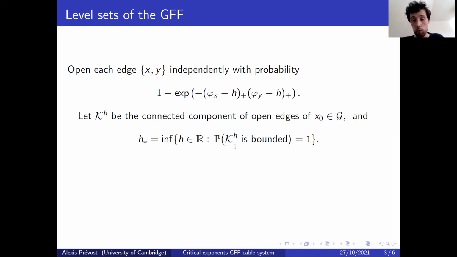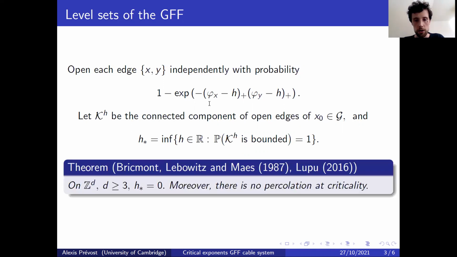You might wonder, why are we interested in this percolation model with a random probability for an edge to be open depending on the Gaussian phi field, which seems way more complicated than just looking at normal Bernoulli percolation? The reason is that it is often actually easier to study than Bernoulli percolation. The first instance of this was obtained by Bricmont, Lebowitz, and Maes in one direction in 1987, and by Lupu in the other direction in 2016.